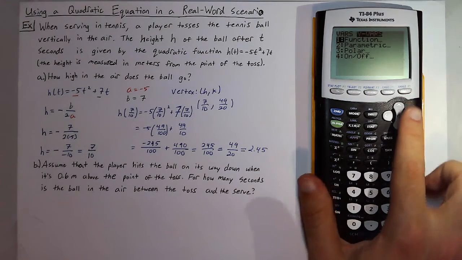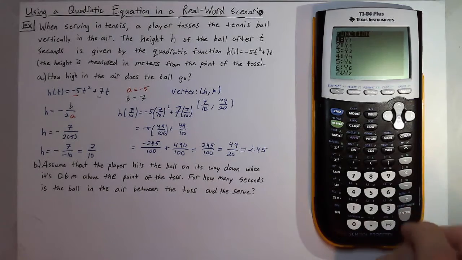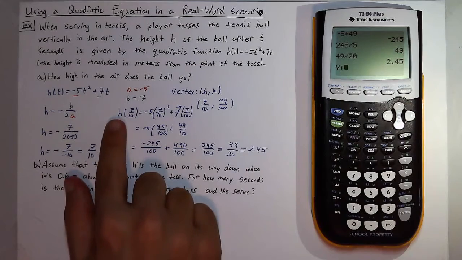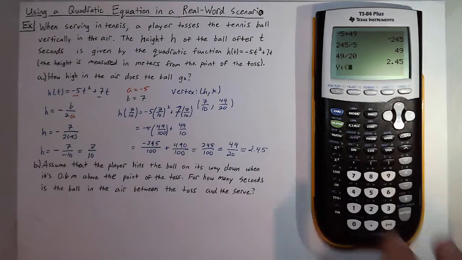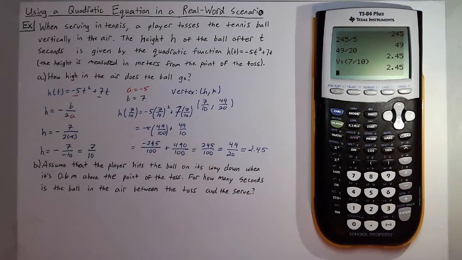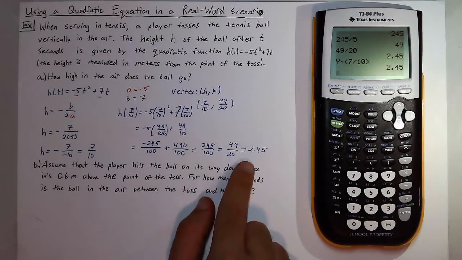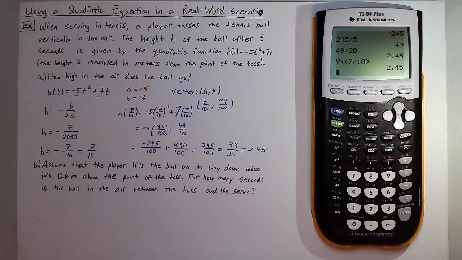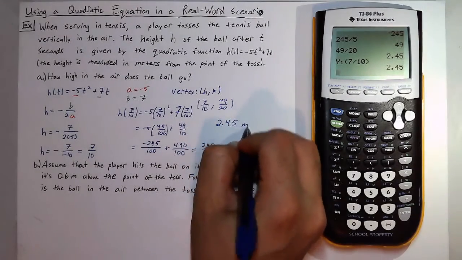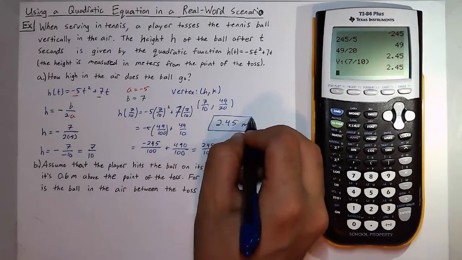Going to the right where it says y variables, enter on function, hit enter again, and now it brings up y1, which is kind of the same as h of. If I put in 7/10 into the parentheses, it'll spit out 2.45, which is that number I was looking for, and maybe could have saved some time for us. So our answer would be 2.45 meters in the air, or 49/20 meters.